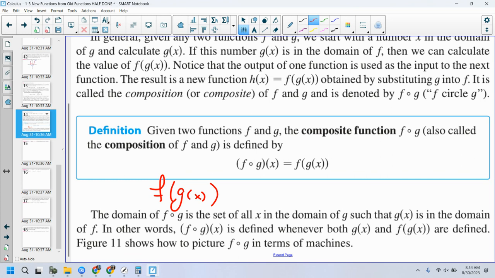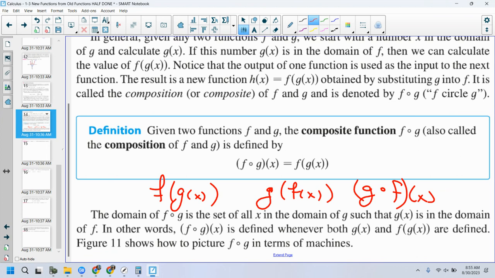So f of g of x is just saying you put g as the input of f. You take g of x, that full function, and put it inside f. And you can do g of f of x as well. That's g open circle f of x. I just feel like that's a lot of parentheses. g of f of x. So this is saying take f and put it inside g.